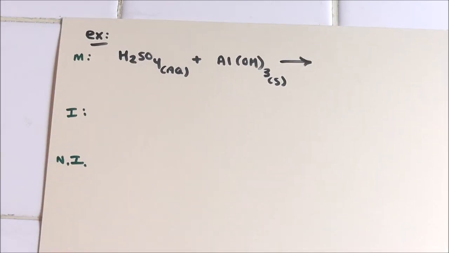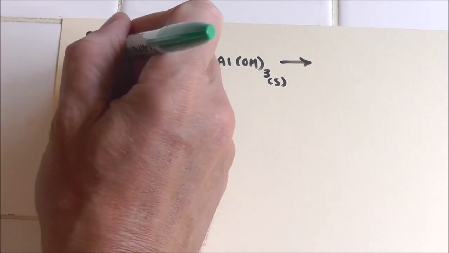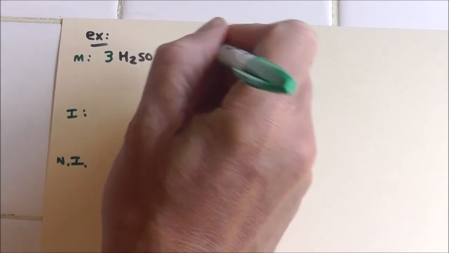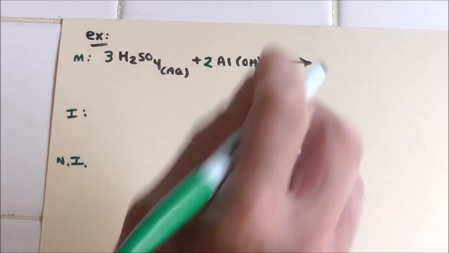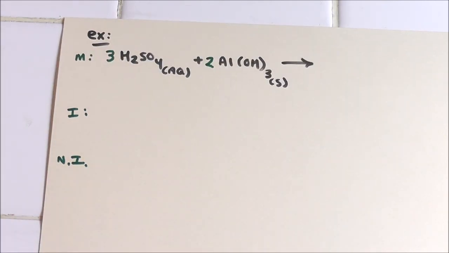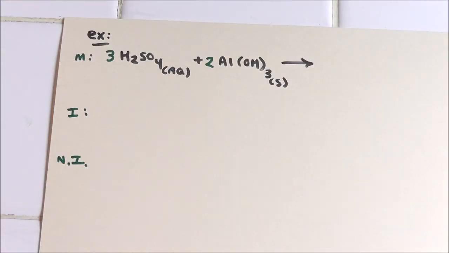After a little bit of trial, you would realize that I need 3 of those and 2 of those. So remember, the name of the game is equal parts H+ and OH-.